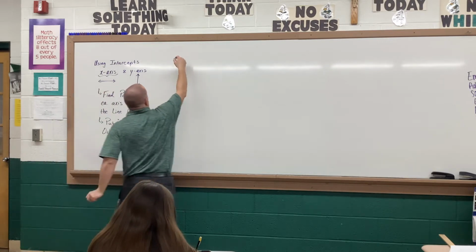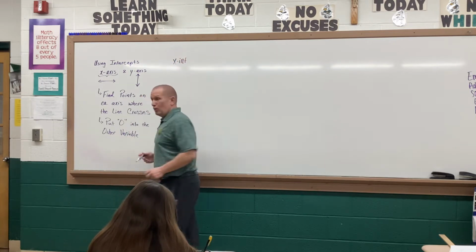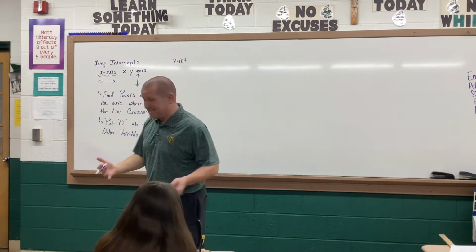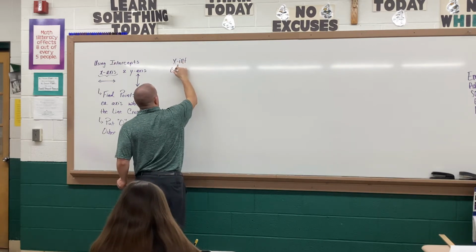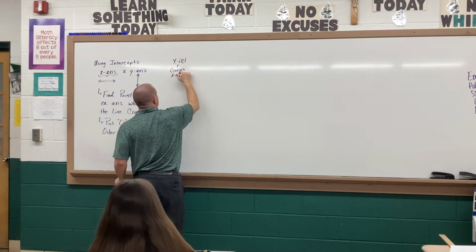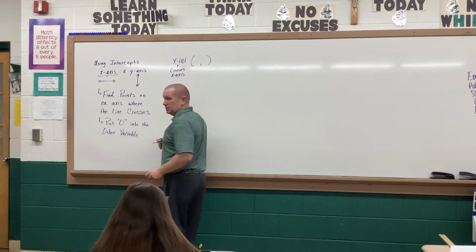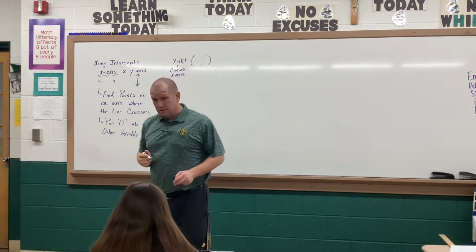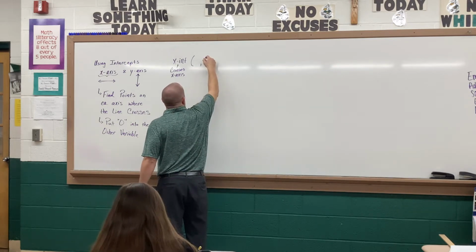So, if I'm going to try to find the x-intercept, that means where it crosses the x-axis. So the x-intercept crosses the x-axis. I'm going to put 0 in for which variable? Y. It's always the other variable, so I'm going to put 0 in for y.